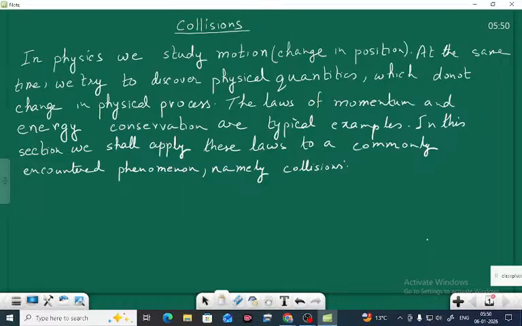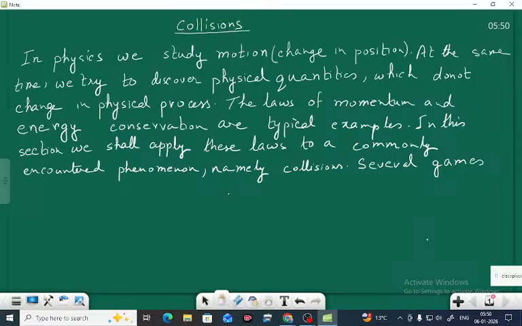So we are concerned with collisions. Let us find what we get in collisions.